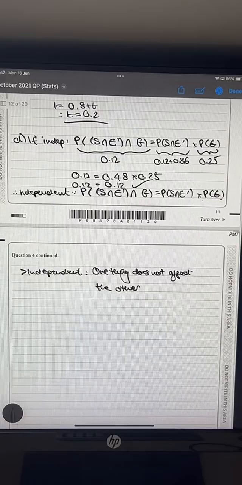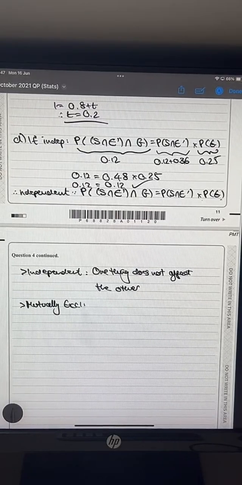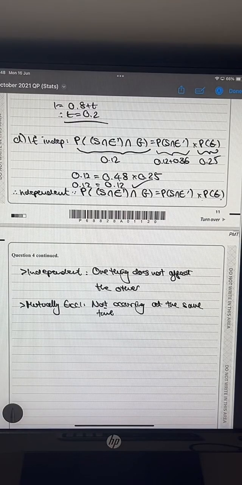Okay, I'm going to give you both definitions first, then explain the difference. Then mutually exclusive means not occurring at the same time. So independent means that 2 things don't have an effect on each other, right?